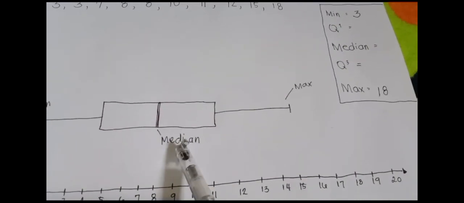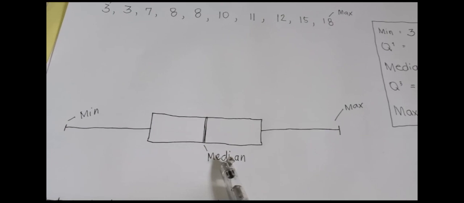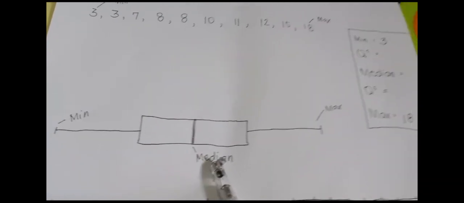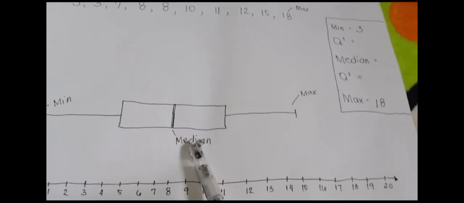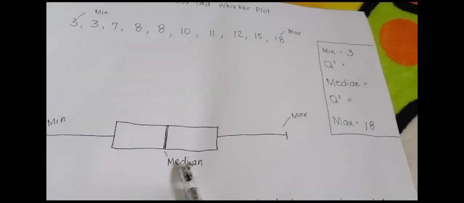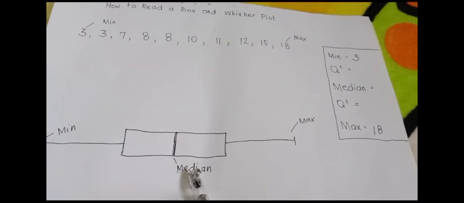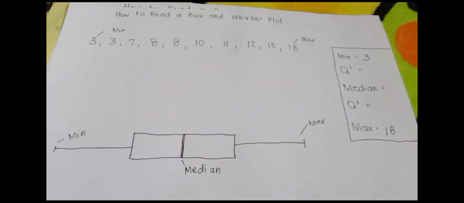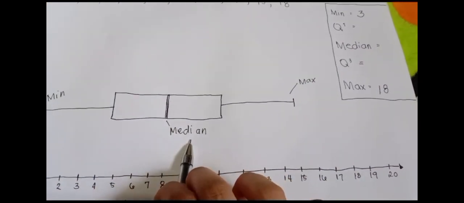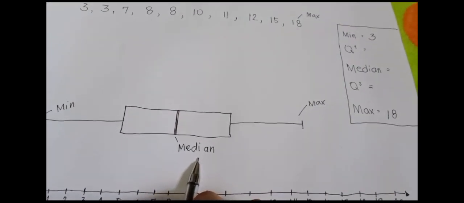The median is the middle point of the data, the halfway point, or the 50th percentile. The median is also referred to as the second quartile. Ang median ay nag-refer as the second quartile.